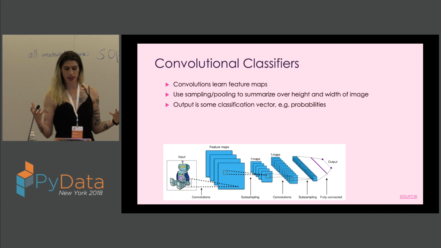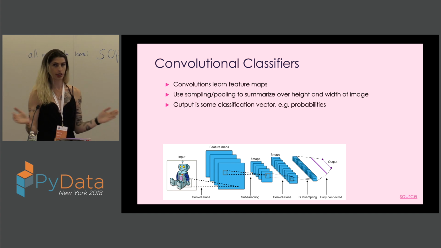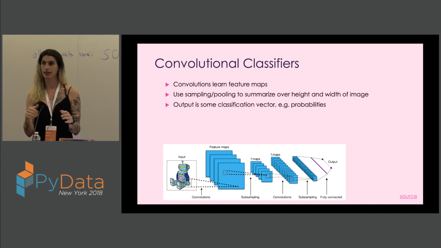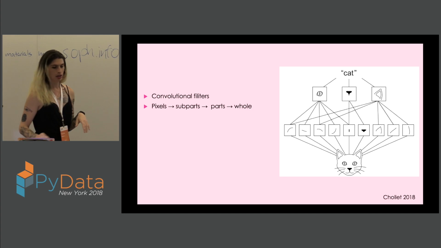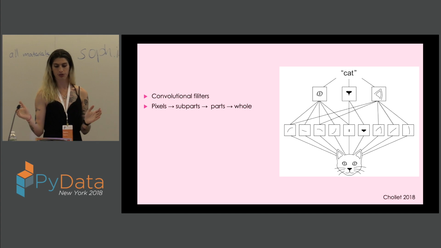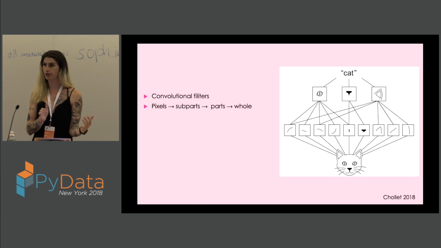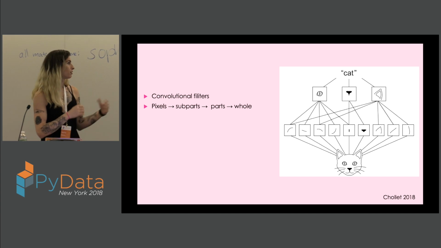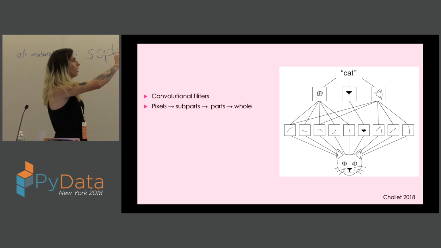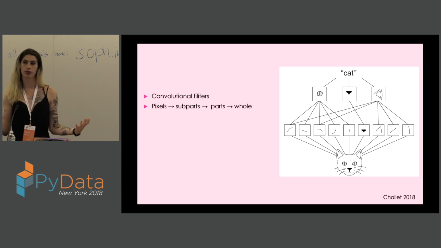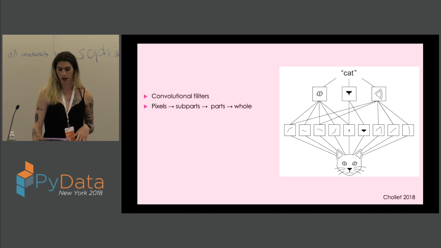And the utility of sampling or pooling to shrink your pixel height and pixel width as you go through the network is that it forces it to summarize those subparts into parts, and those parts into even bigger constituent parts. Eventually, you get that process down to a whole that you can make a prediction on.